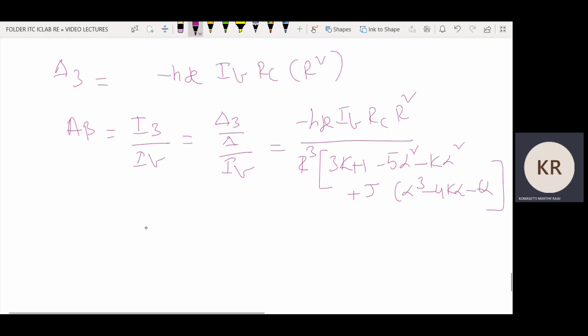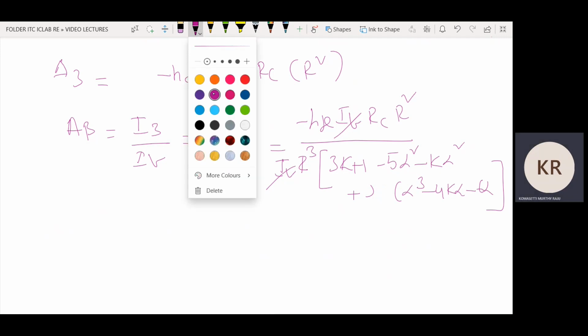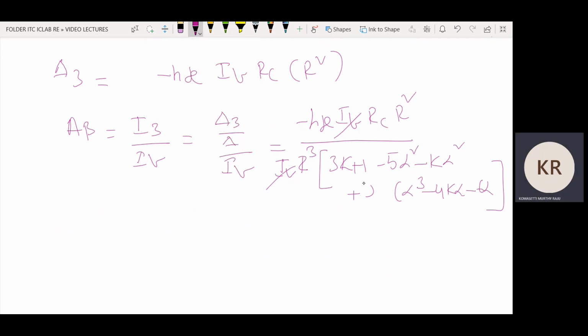According to the Barkhausen criteria, IB cancels. Therefore, mod A beta. For frequency of oscillations, at either 0 degrees or 360 degrees, the coefficient of the j term is equal to 0.